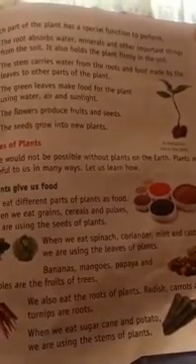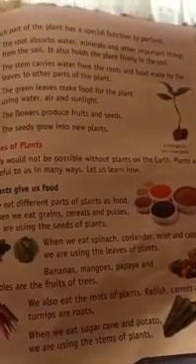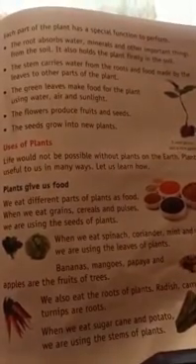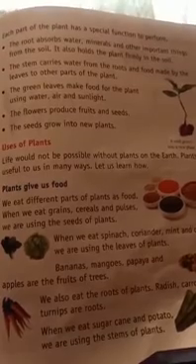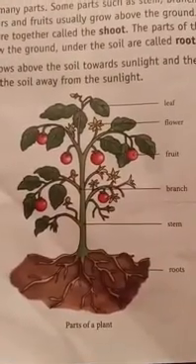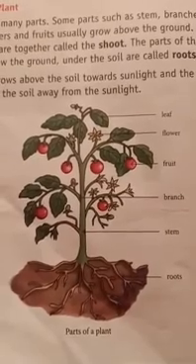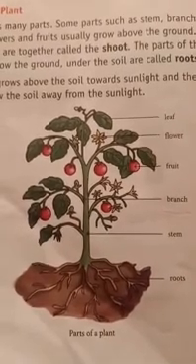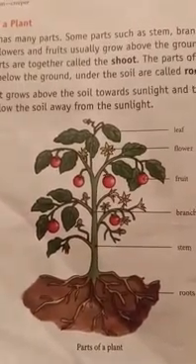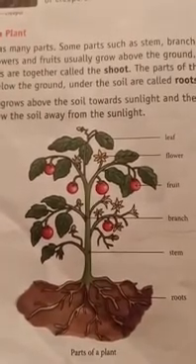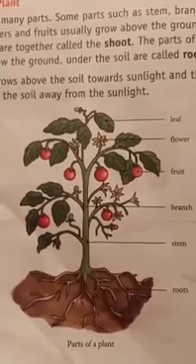And bananas, mangoes, papaya, and apples are the fruits of a plant. We also eat the root of a plant, such as radish, carrots, and turnips. We also eat the stem of a plant, that is sugarcane, potato. So those foods come under the parts of a plant.